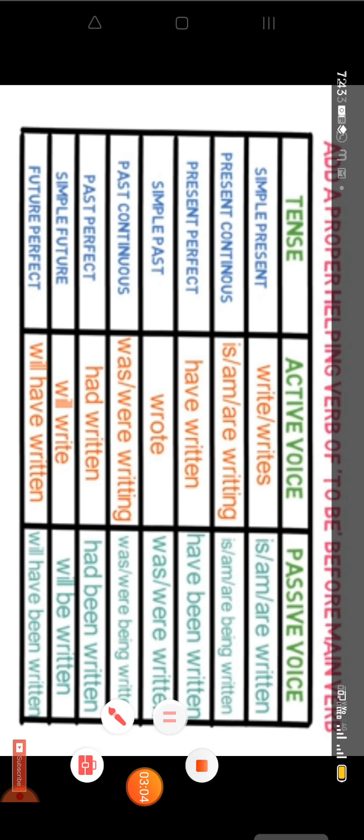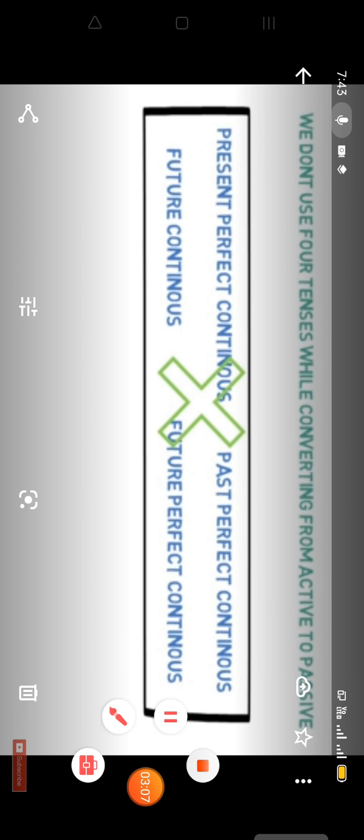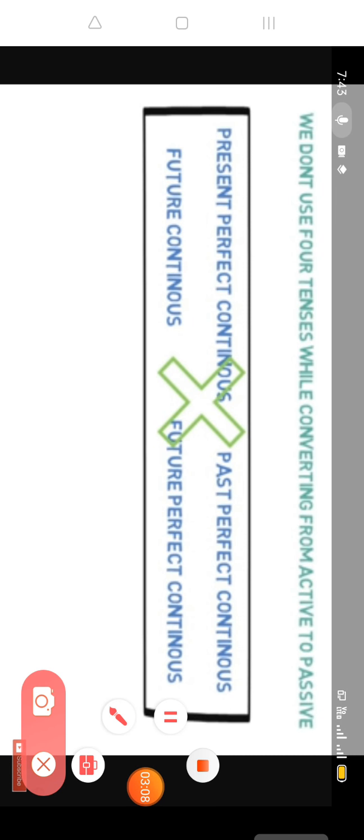Now here we will discuss the tenses which are not changed, where there would be no passive voice. Such as present perfect continuous tense, there would be no change in this. And past perfect continuous tense also would not be changed.